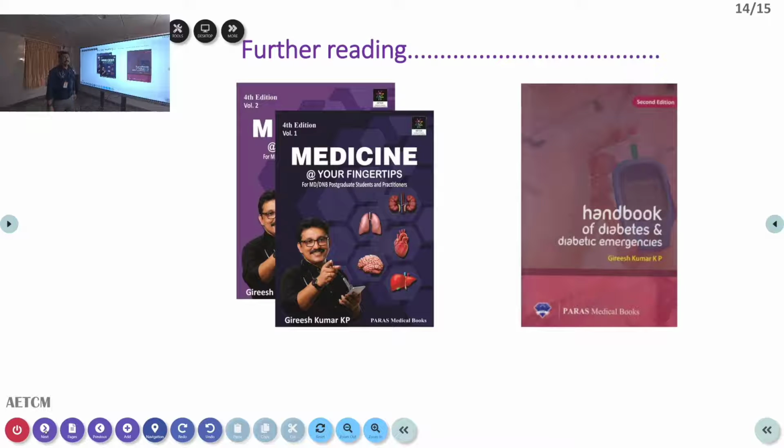We have discussed hypoglycemia in detail, but further investigation of insulinoma cannot be done in the emergency room. We can only investigate insulinoma in the emergency room by doing an insulin level or C-peptide. That's all we can do.